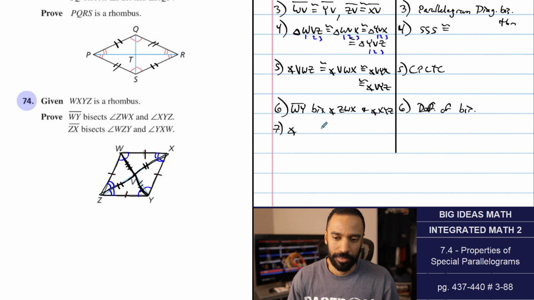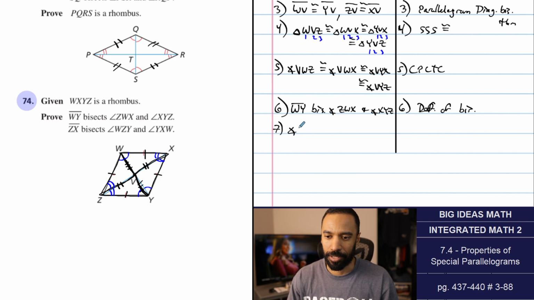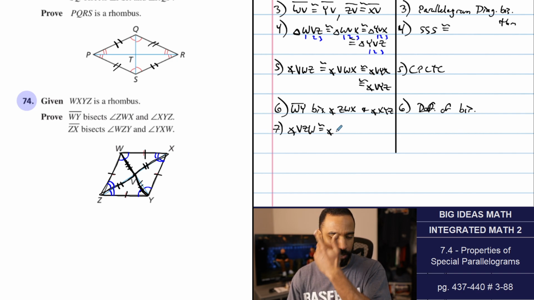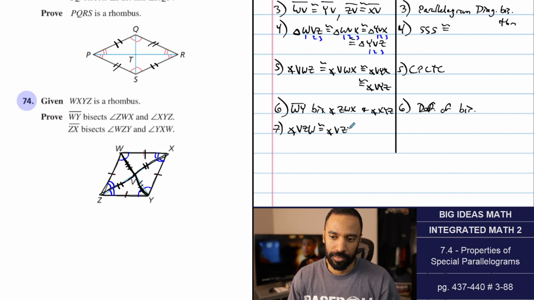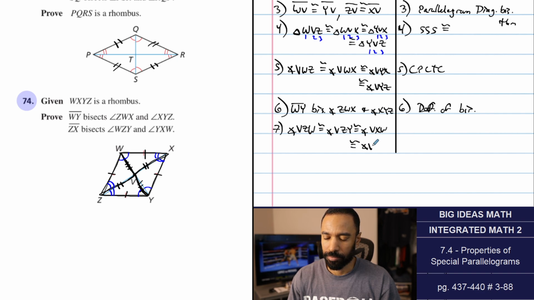Angle VZW, so it's the same, I just have to find the letters. Angle VZW congruent to angle VZY. It's just more corresponding parts. Angle VXW and VXY. CPCTC.